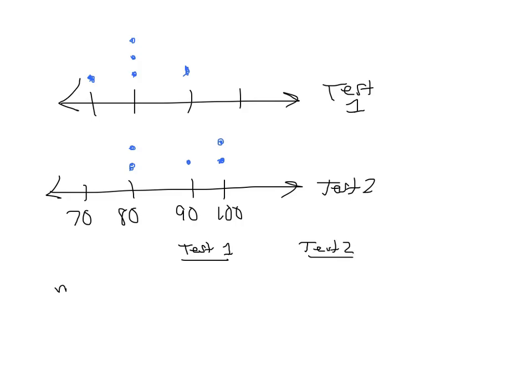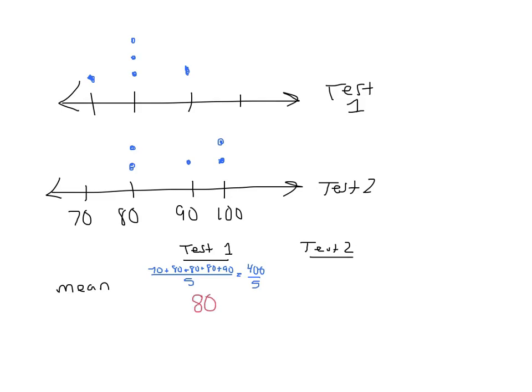if we look at the mean now, if we add up the data points for test 1, it would be 70, 80, 80, 80, and 90, and then divided by the 5 tests gets us 400 divided by 5 is 80.